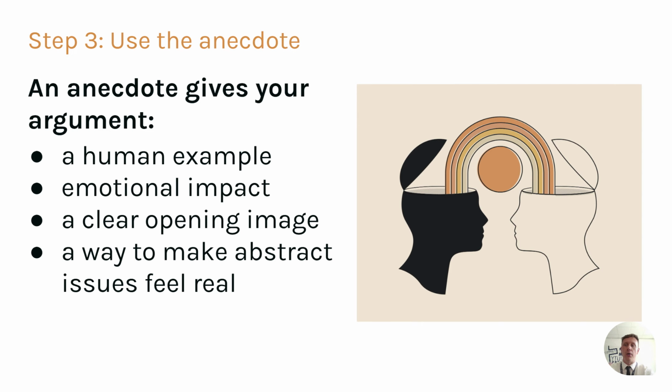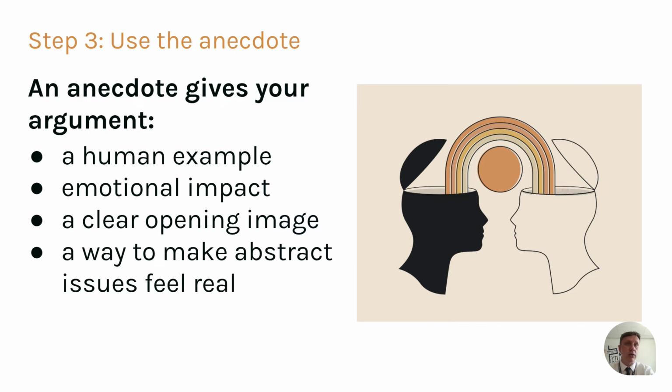So, we move on. Anecdotes. Why are anecdotes powerful? Well, they're powerful because they turn an issue into a person or a moment or even a little scene. So instead of starting with a general statement about poverty, you might begin with the image of a student arriving at school without breakfast.